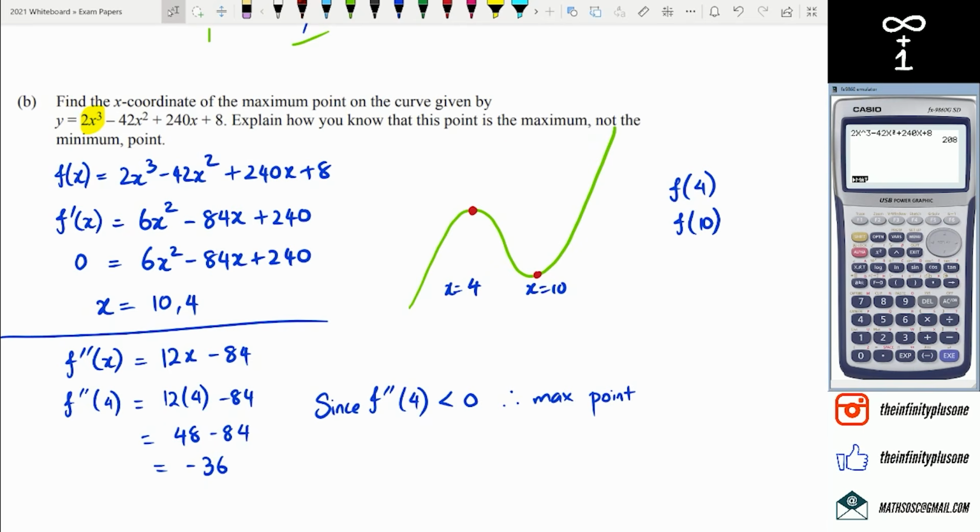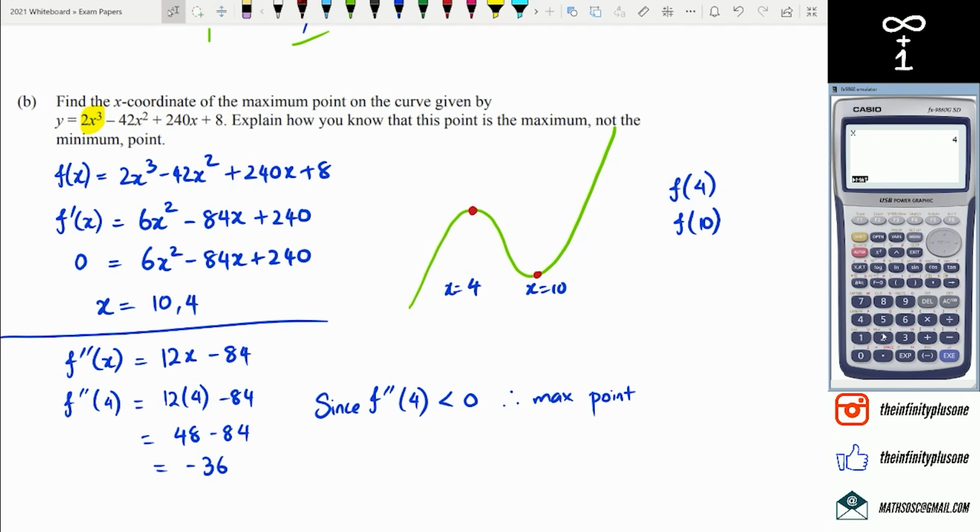Quick little tip here on how to do this. I'm sure there's another way, but I haven't used this in a long time. You know how you've got f of 4? You can just put 4, put this little arrow and put that as x. So x is now equal to 4.